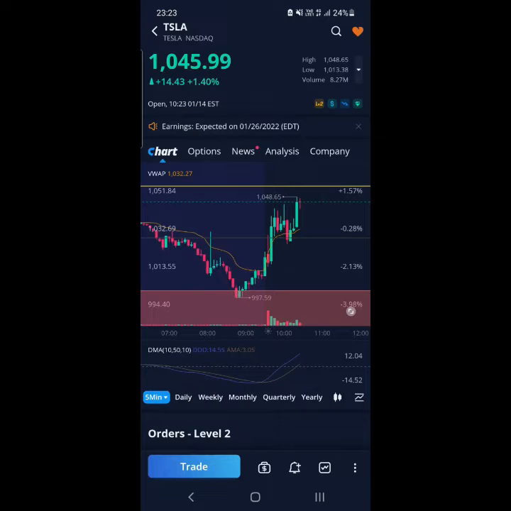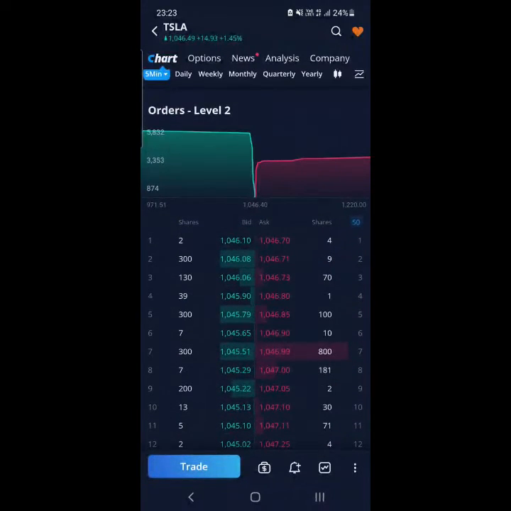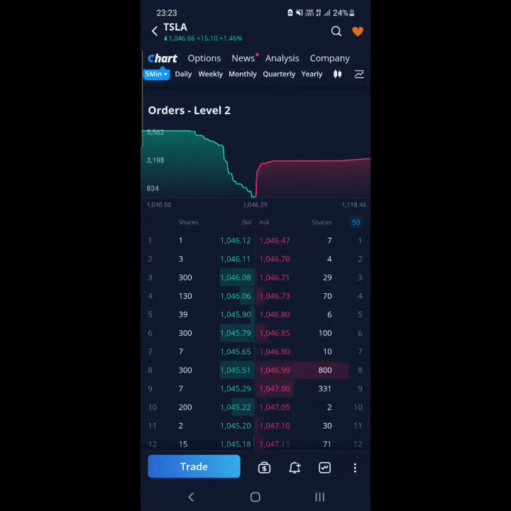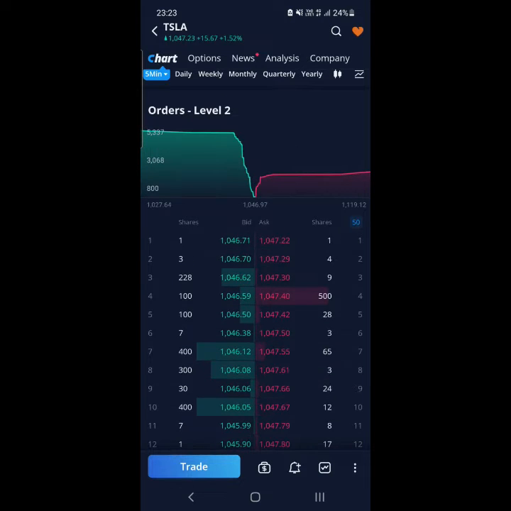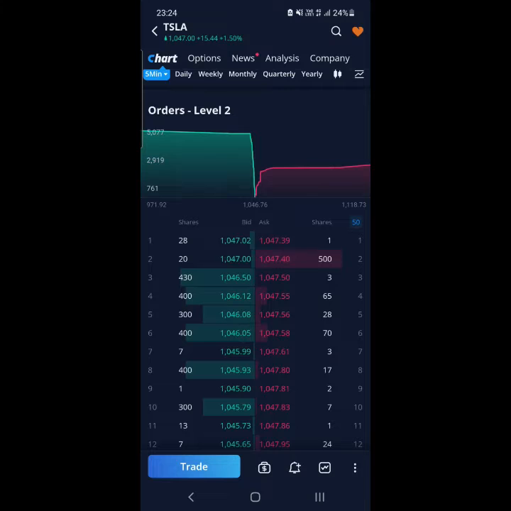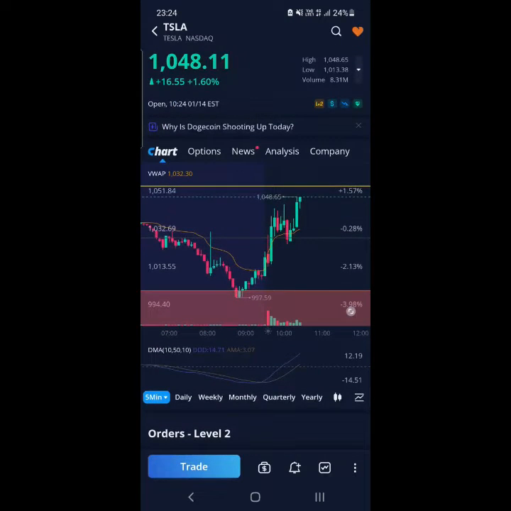And as I told you, after the second test on the demand zone, I entered the trade, and my stop loss is quite far away from my entry point, which is the first level that was tested. You see this buying pressure is constant along the way while I'm in the trade.